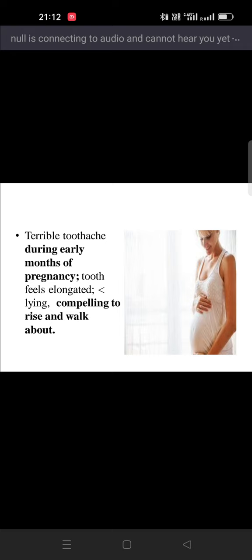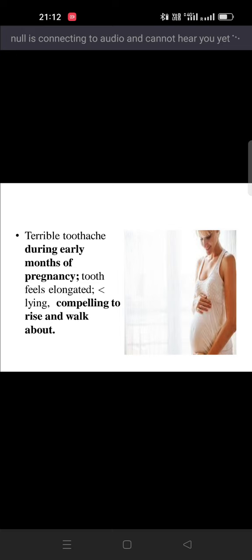If the first trimester is there and toothache is there at that time, we can think of Ratania peruviana. And tooth feels elongated, meaning the patient feels that his or her tooth is elongated. She feels the tooth has become long.